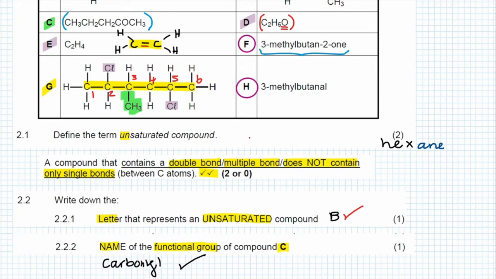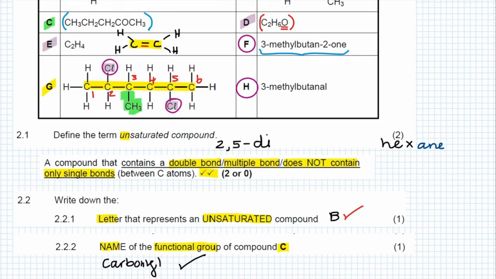Now we need to name the substituents, the halogens and the branch. We start off with chlorine because according to the alphabet, C comes before M for methyl. So we write down the position. It is going to be 2,5. This is the position of the chlorine atoms.